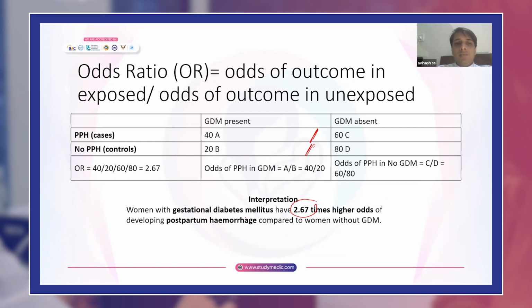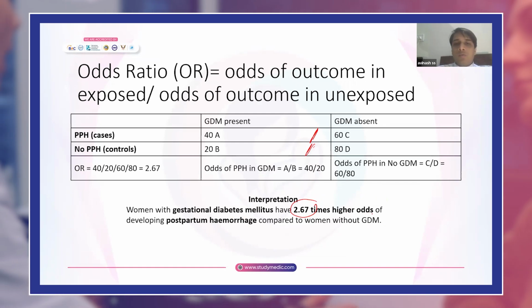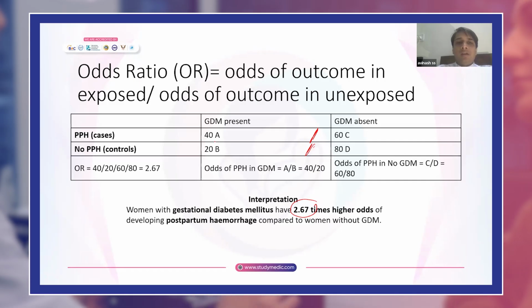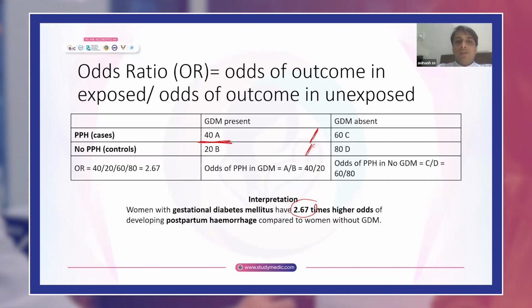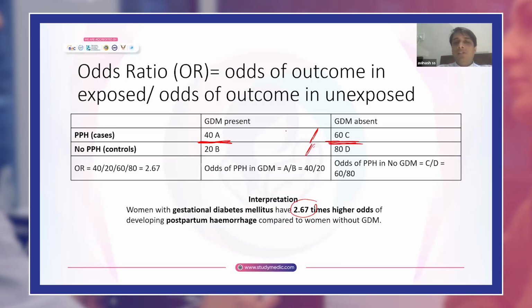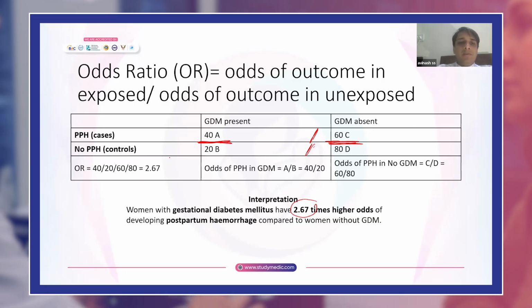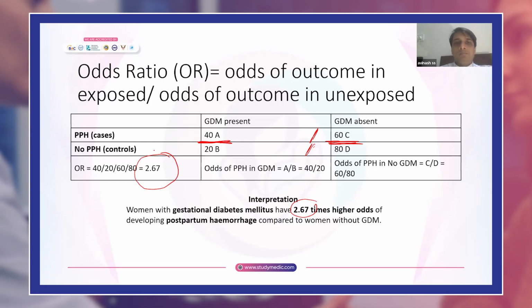That means women with gestational diabetes have 2.67 times higher odds of developing PPH compared to women without. Even you can do like this: odds of PPH in GDM 40 by 20, odds of PPH without GDM 60 by 80. All will give the same values. Either A by B divided by C by D or A by C divided by B by D. Everything will give the same values.